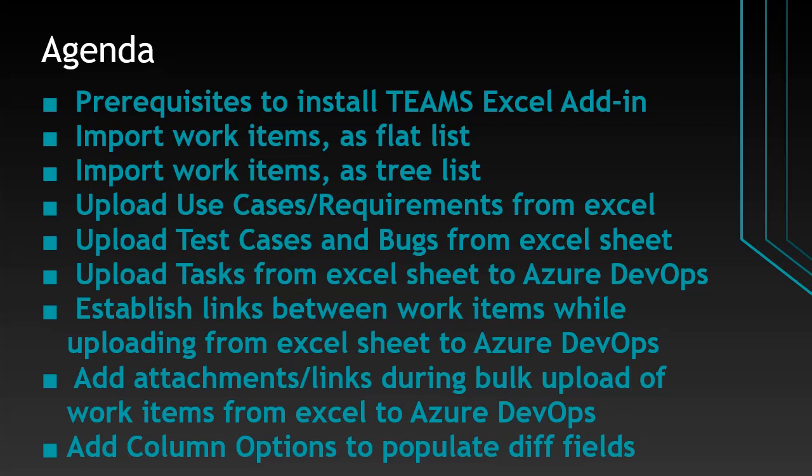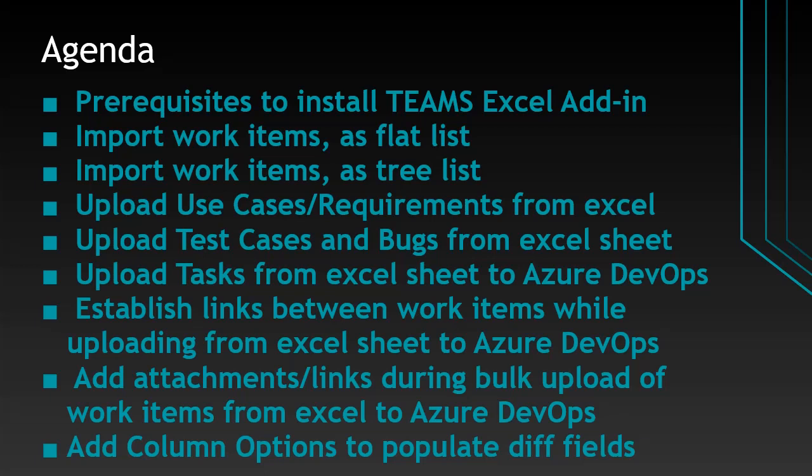That means if you want to link a use case with a task, or link a use case with multiple test cases, or a use case with multiple defects, while you perform bulk upload from Excel sheet to Azure DevOps, you do have a solution where you can automatically establish links between different work items. It's a very important concept.